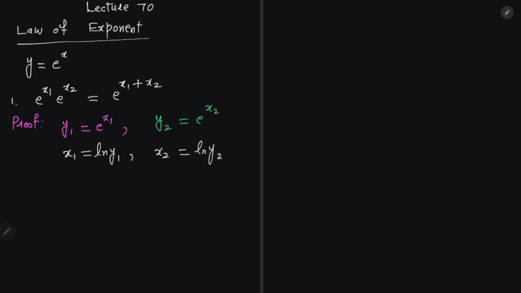Okay, now we add these two functions, x1 plus x2, that will be equal to natural log of y1 plus natural log of y2. And according to the property of natural log, it becomes natural log of y1 y2.